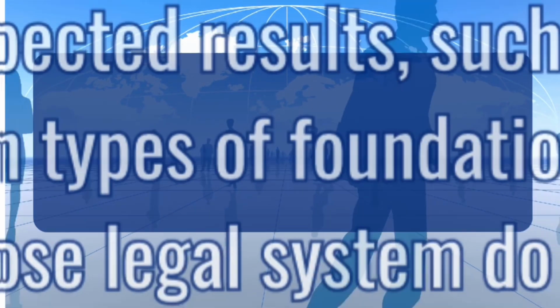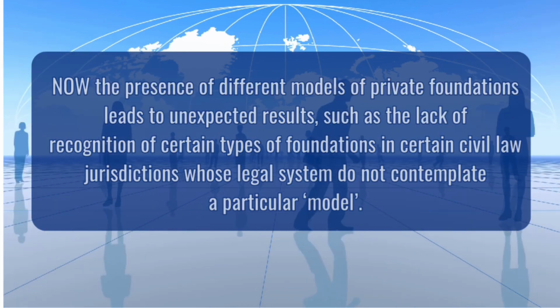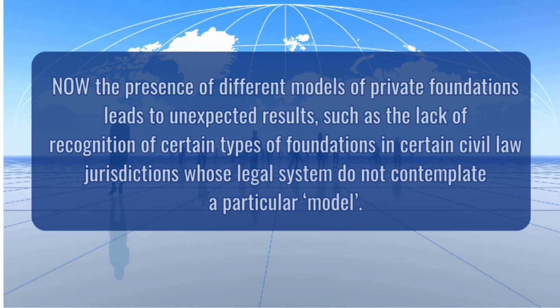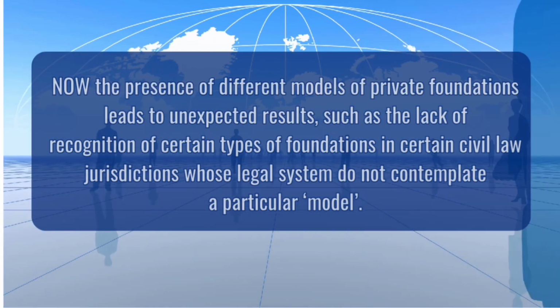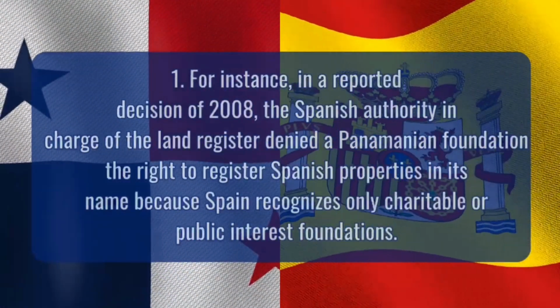Now, the presence of different models of private foundations can lead to unexpected results, such as the lack of recognition of certain types of foundations in certain civil law jurisdictions whose legal system didn't contemplate another model. I'll give you two examples, right? For the first example, this is a decision in 2008 in Spain.